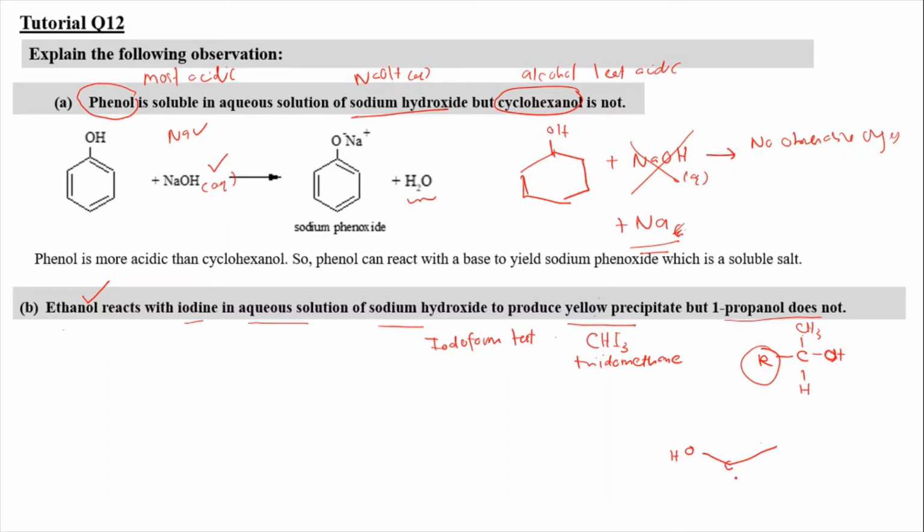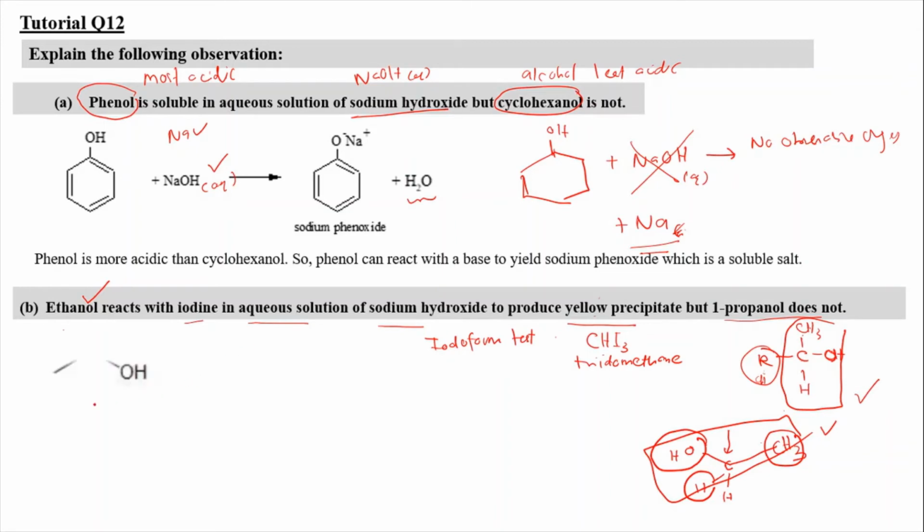This carbon is attached to hydrogen and CH3. As you can see, this carbon is attached to CH3, OH, and hydrogen. It doesn't matter whether the other side is CH3 or CH2 or H. So in this case, it has a methyl carbonyl group as shown here, and this is going to give a positive result.